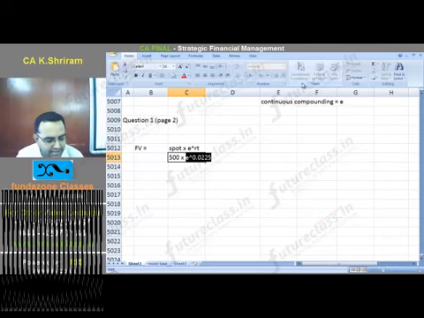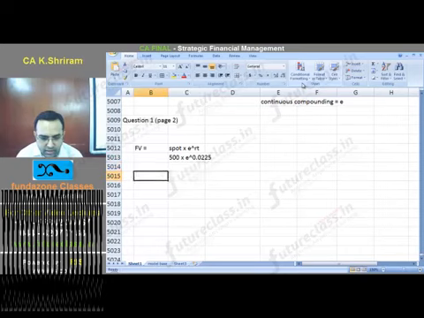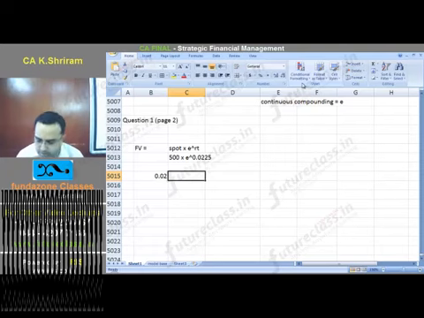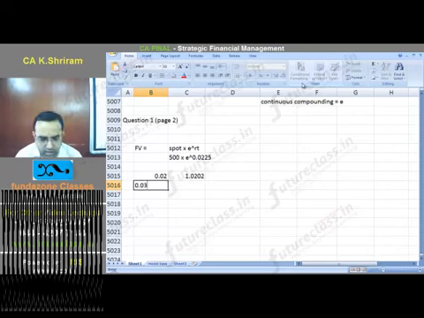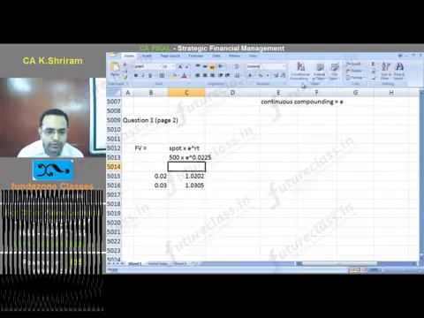E power minus x, e power rt. The first column is 1 by e power rt. You understand that? For 0.02, what is the value? 1.0202. For 0.03, what is the value? 1.0305, correct? Now you need to find out what is 0.0225.